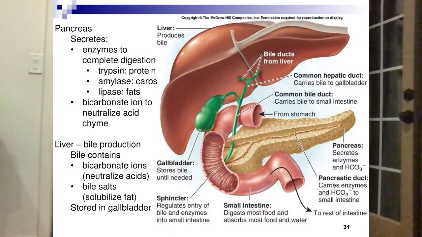We continue the digestion of carbohydrates then, and we have that similar enzyme that we saw in the mouth. We have amylase, but this is generally referred to as pancreatic amylase because this one works best at a pH of about 6. Remember, in the mouth, it was about 6.7. Okay, but we can break down carbs. And then this is the first time we see any significant digestion of fats.